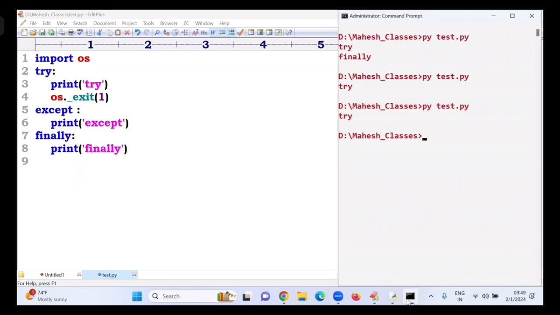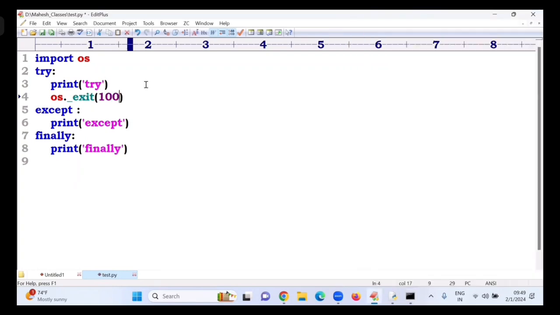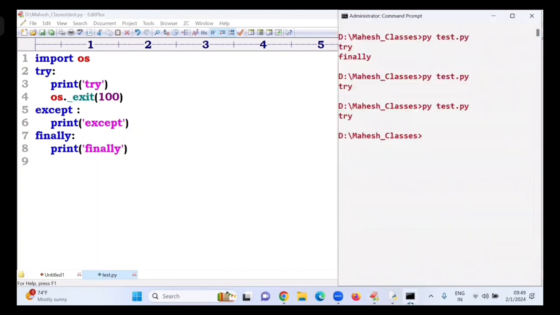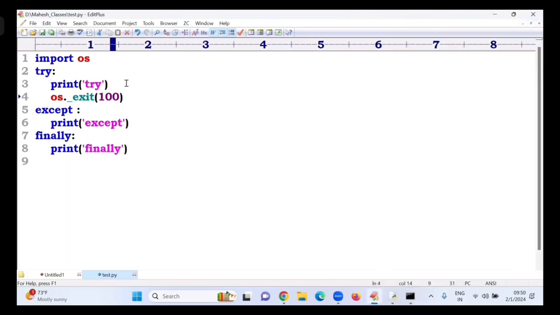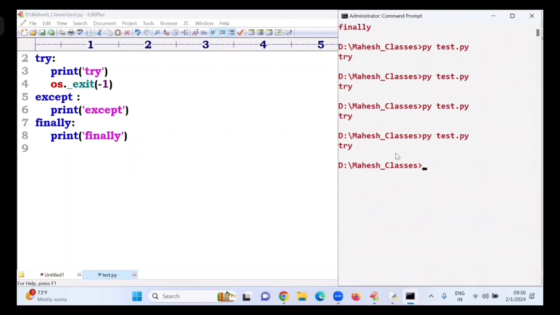The Python virtual machine will be shut down. If I give 100, then also terminated. For example, I give -1, a negative number. What will happen? Try only.